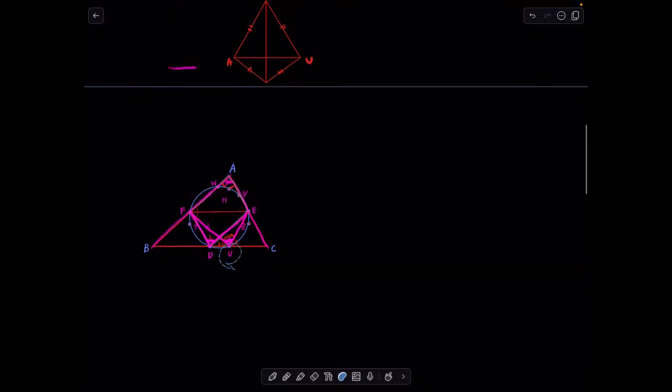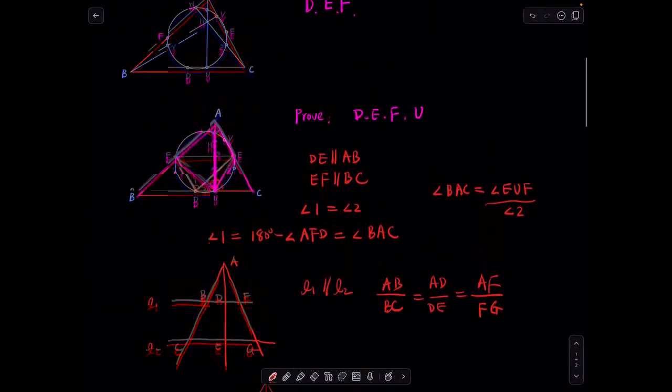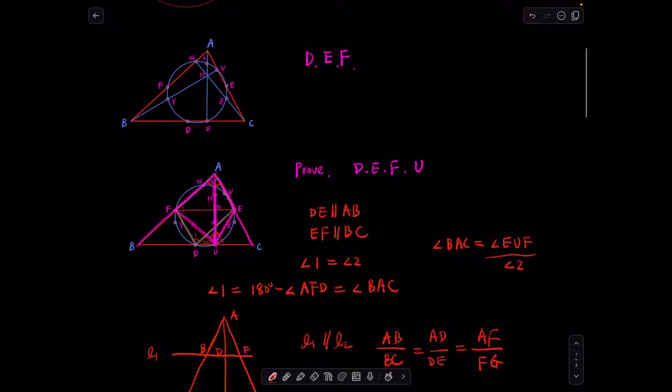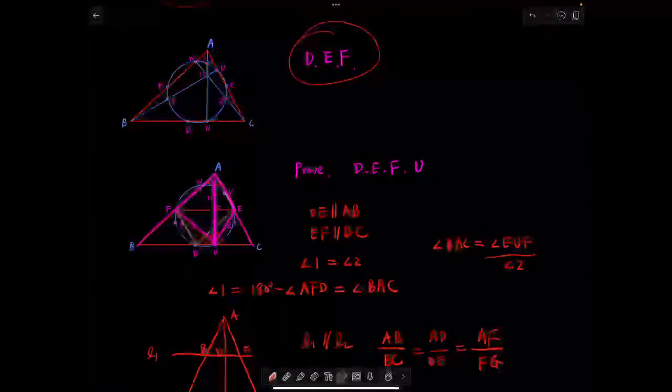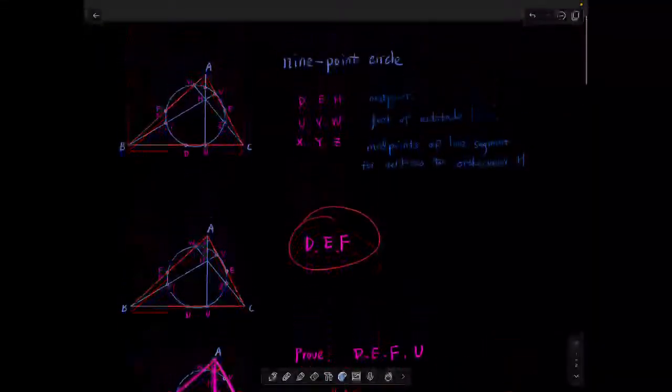Now, similarly, you can prove the other feet, right? So far we have proven that for the circle that goes through these three points, the foot of the altitude U is also on the same circle. Now the original diagram here.